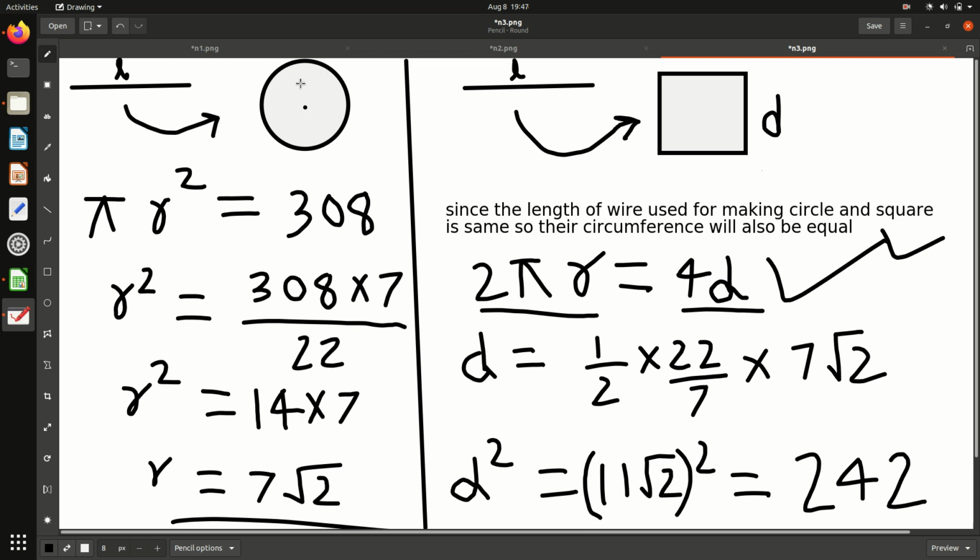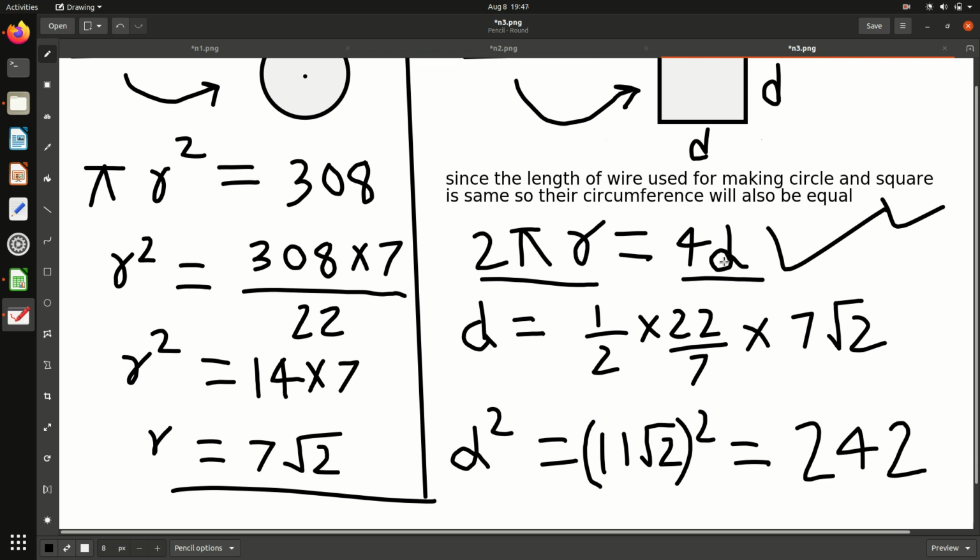So we know that the circumference of a circle is 2 pi r and the circumference of a square is 4d, because I have assumed the side of the square to be d. So its circumference will be d, d, d and d, so 4d. We have made a simple assumption that since the length is equal, the circumference of both will be equal.